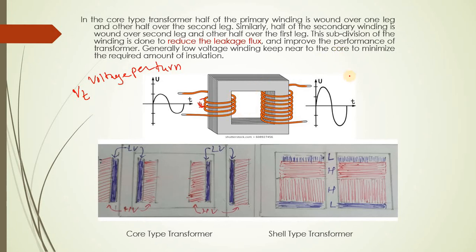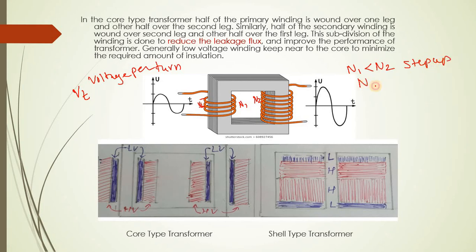Here I will show it by N1 and N2. When N1 is less than N2, or we can say N2 is greater than N1, this will be a step up transformer.